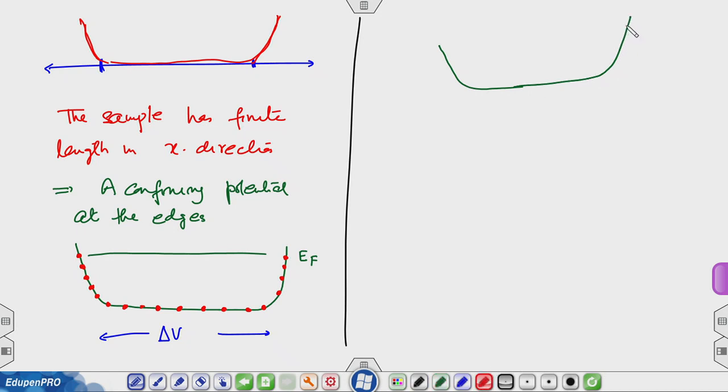The Fermi energy on this side would be higher, Fermi energy on this side would be lower, and this difference is e delta V. The Landau level states are like this.